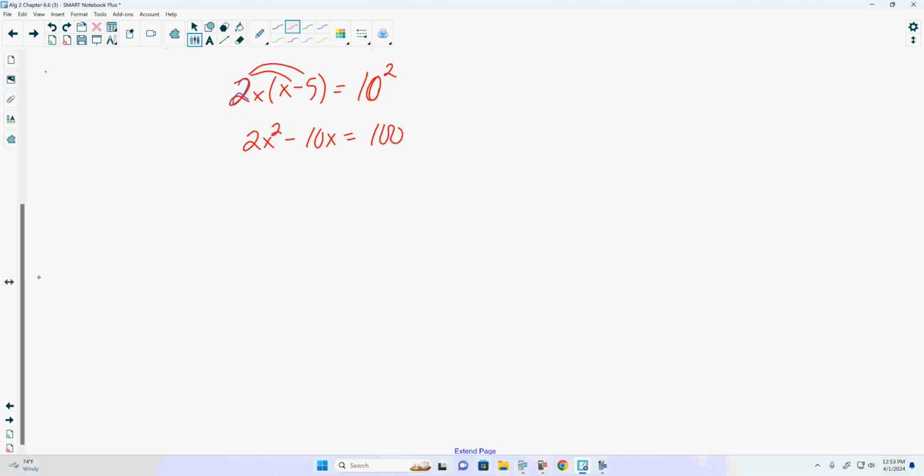Now, since we do have a quadratic term, an x squared term, we need to get this equal to 0. And we can do that by subtracting 100 from both sides. So the left-hand side would be 2x squared minus 10x minus 100 is equal to 0.